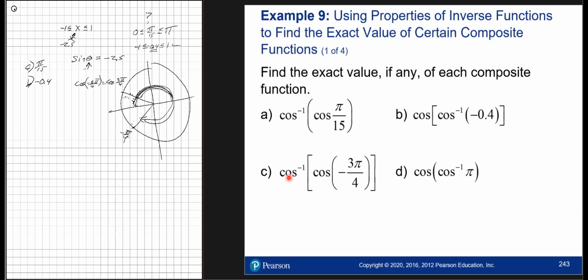That means 1 equals sine theta. Well, what angle theta makes sine equal 1? Well, that's at pi over 2. So theta in this case is pi over 2.